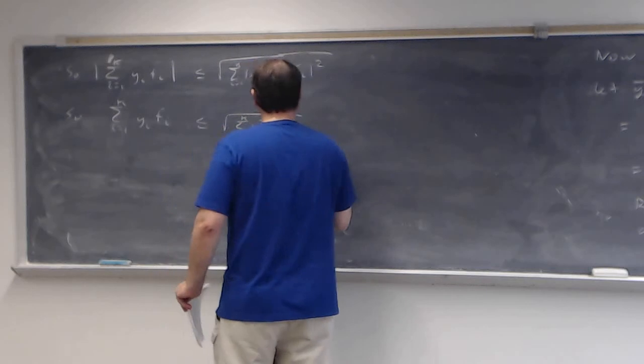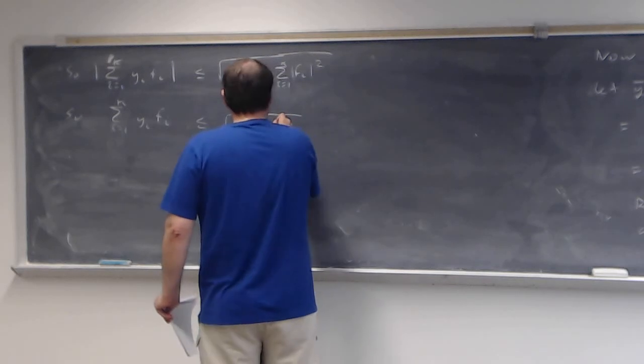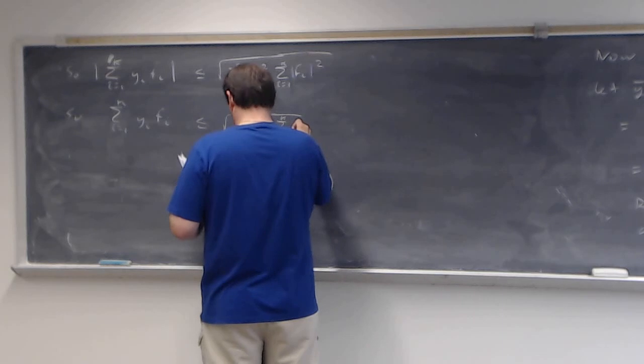And similarly, this is the sum as i runs from 1 to k of f sub i squared.